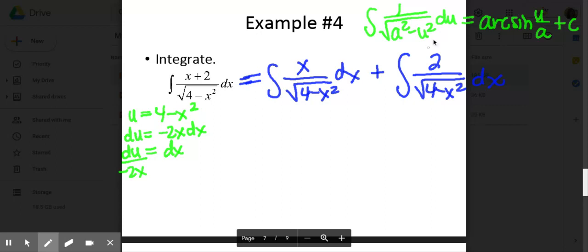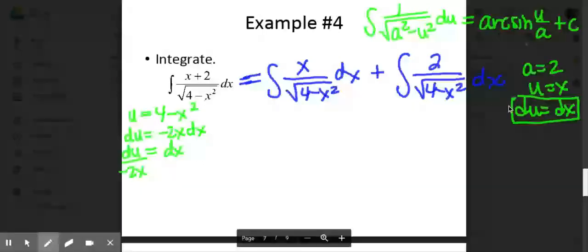All right. So when I'm looking at this problem, now what I've got here, I've got an extra 2. So that's just going to be this thing multiplied by 2. That won't be a big deal. And so then my a number is 2. And my u value is just x. So when I do the derivative, du equals dx, because it's so simple that du equals dx, this problem is going to be straightforward, really, really simple.